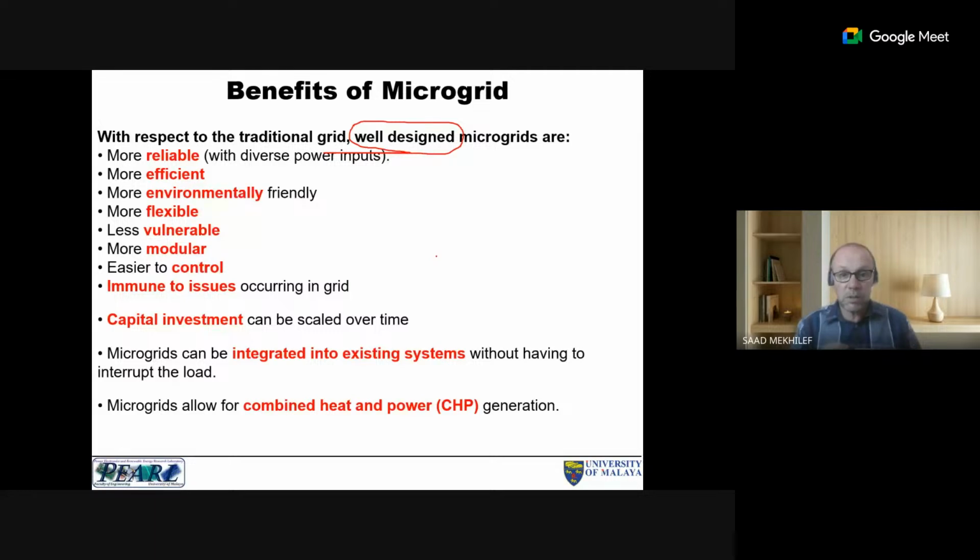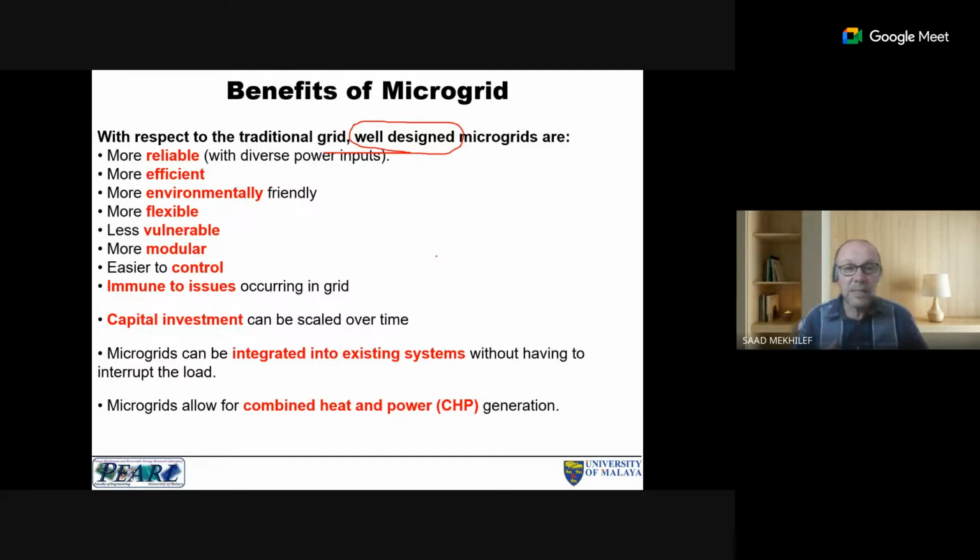Because cost is not a factor here, it's the reliability, because they cannot lose power. They will never consider cost at all. That's why most of this space equipment is very expensive, because the most important thing is reliability. And like we mentioned just now, offshore also, maybe cost is considered but not that important. Maybe some hospitals, critical loads, and so on.